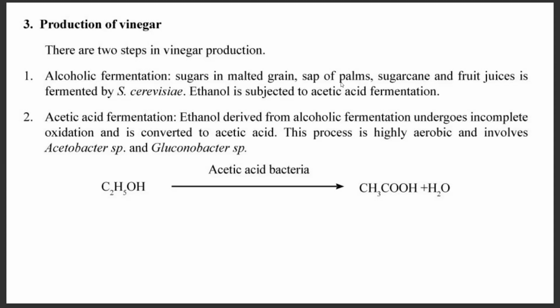Ethanol derived from alcoholic fermentation undergoes incomplete oxidation and is converted into acetic acid. This process is highly aerobic and involves Acinetobacter species and Gluconobacter species, for the second step.